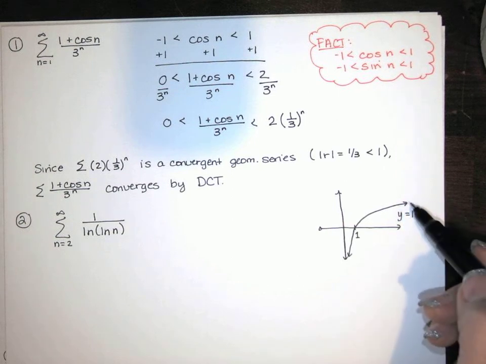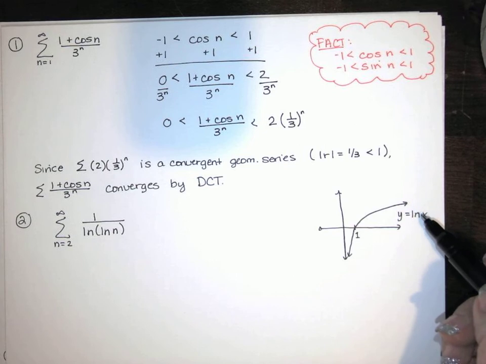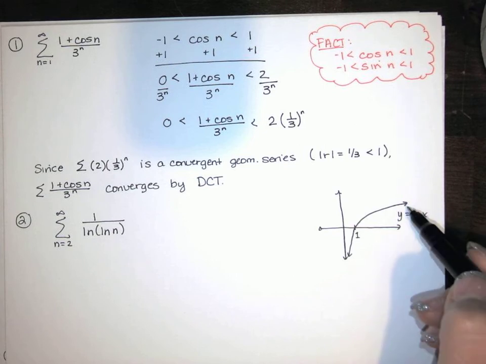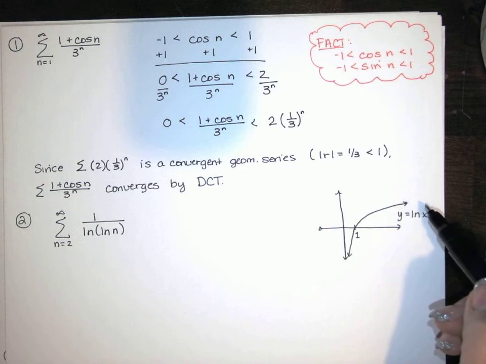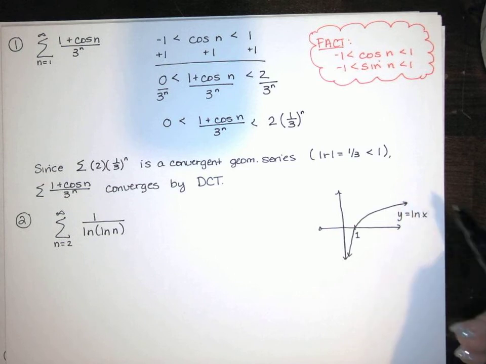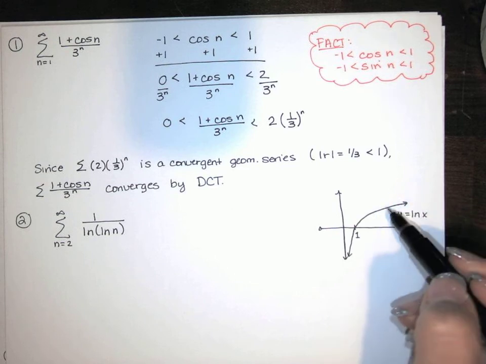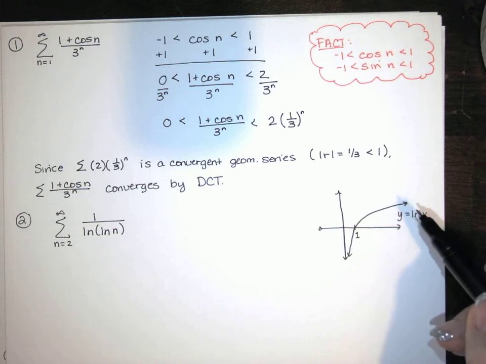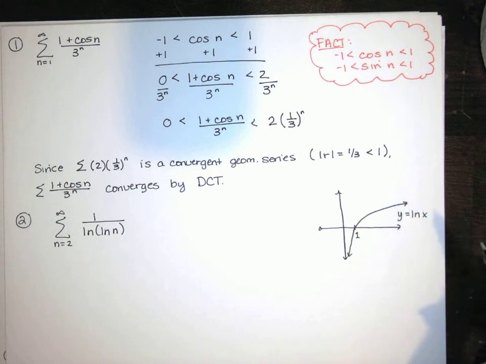The slope is always 1 over x. So when x is 100, the slope is 1 over 100. It's increasing, it's always positive, but it's a very, very small positive number, that slope is. So it almost looks like it has an asymptote, but it doesn't. It's just slowly, slowly going to infinity.